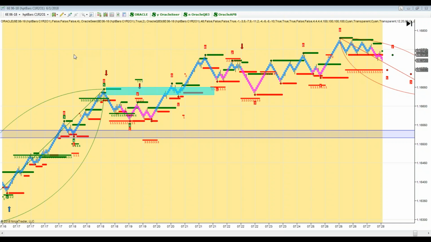Now, that doesn't mean that 95% of the trades are profitable, but if you trade it the way we show it here, the ultimate trade is going to be profitable by the time that the cyan band ends up drawing. And so what I meant by that was you had a nice initial short trade here, and you had a very nice long trade here, and the cyan band stopped drawing.